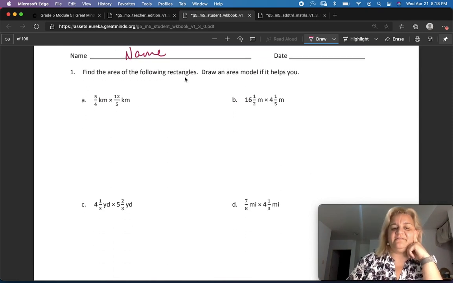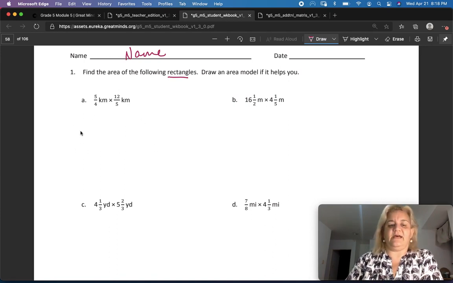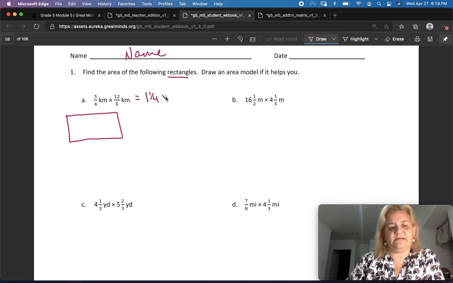Find the area of the following rectangles. Draw an area model if it helps you. I am going to draw an area model for every single one of these so that you guys can see what we're doing here. And I'm also going to turn these into mixed fractions so that I can see a little bit better what I'm doing here.